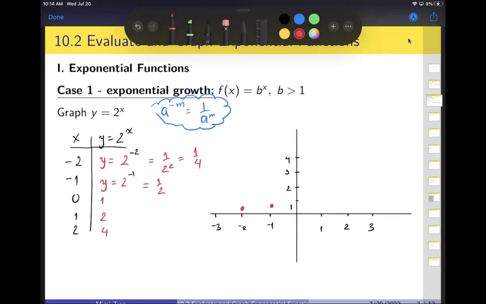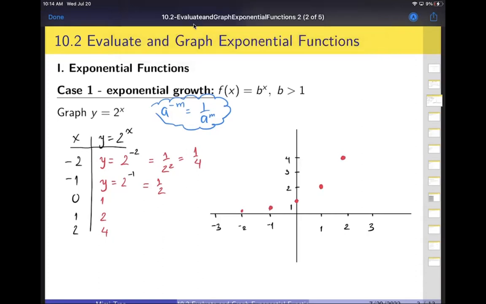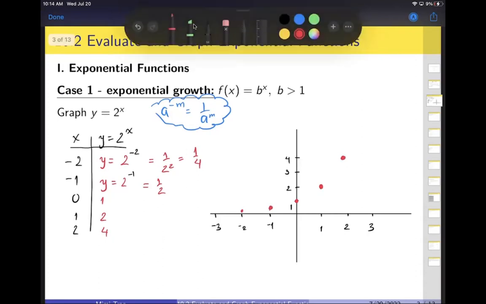When x equals 0, y equals 1. 1/4 maybe down here, 1/2 is right here, and 0, 1 is right here. 1, 2 right here, and 2, 4 right here. Okay, now connect the dots.